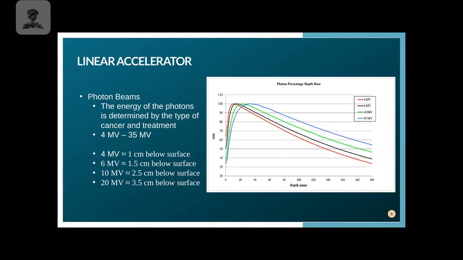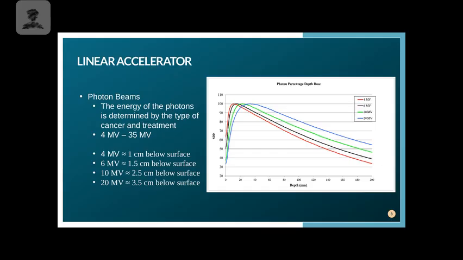This is already built into the treatment plan that was developed by the dosimetrist and the doctor. So we don't mess with this. We just ensure that the quality assurance has been run on these beams and that everything is functioning correctly. And so we typically have anywhere from 4 megavolts to up to 35 megavolts.